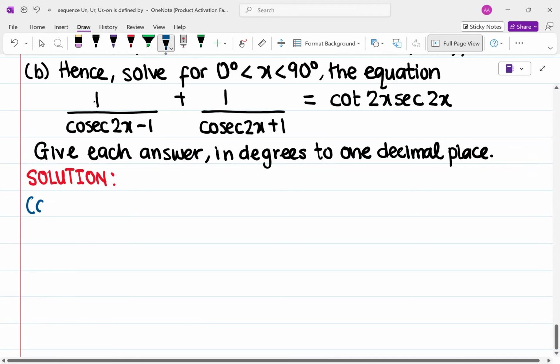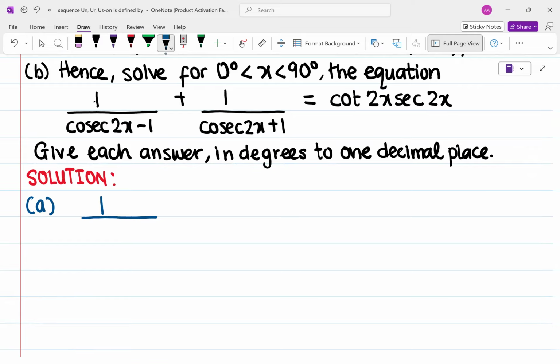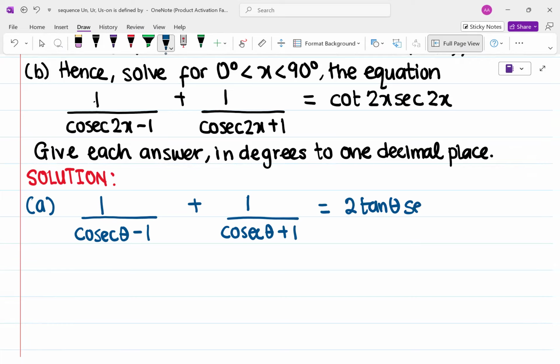For this question, what do I have here? I have 1 over cosec theta minus 1 plus 1 over cosec theta plus 1 equals 2 tan theta sec theta.